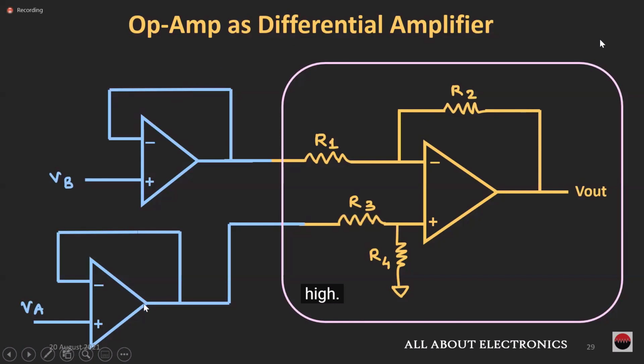That means these two are called as voltage followers. And yellow color circuit is called as differential amplifier.